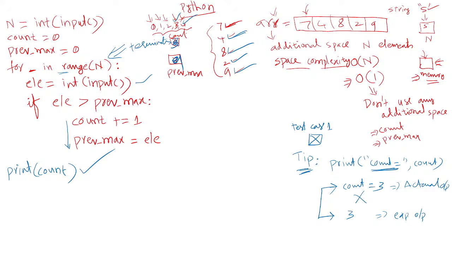Even during input, some students write a message, because this is a regular practice in your lab. They write int of input, "enter n value", n is equal to. In such a case, this string gets printed on the output console.